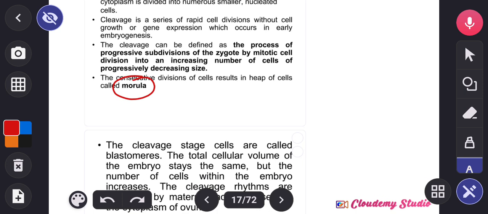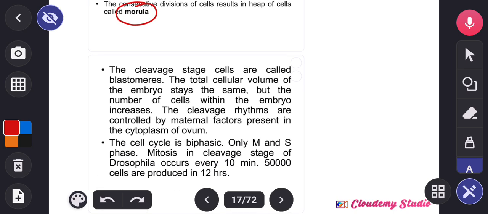I've already mentioned that it is a biphasic cell cycle with only two phases, that is the mitotic phase and the synthetic phase. Why? Because the cells do not grow; the whole volume remains constant. That is one of the peculiar characteristics of cleavage: the size of the cells does not change.